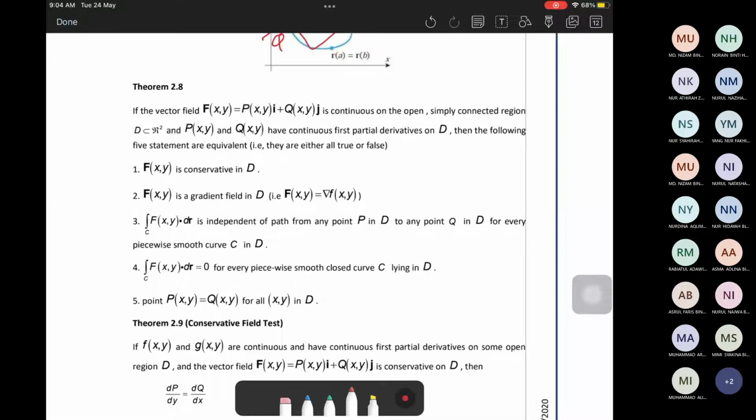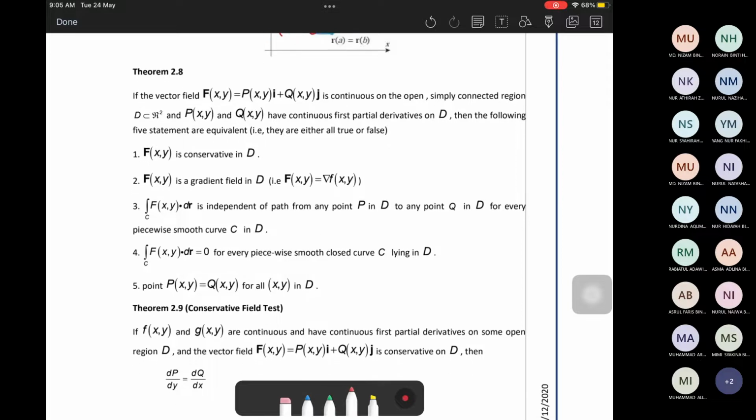Jadi tengok pada theorem 2.8. Okay, if the vector field F(x,y) equal to P(x,y)i plus Q(x,y)j is continuous on the open simply connected region D, a subset of vector space 2, and P(x,y) and Q(x,y) have continuous first partial derivative on D. Jadi dia adalah F adalah continuous, simply connected region, P Q adalah first partial derivative. Okay, then the following five statements are equivalent.